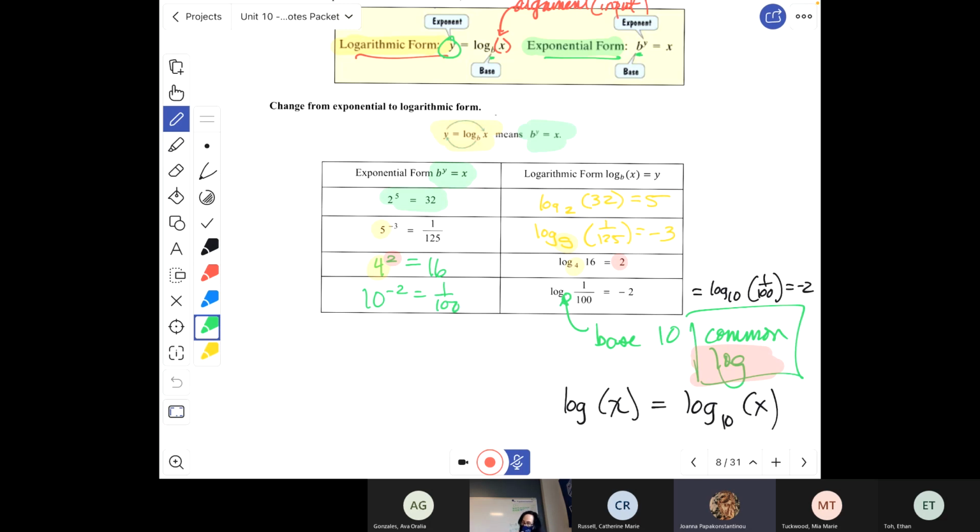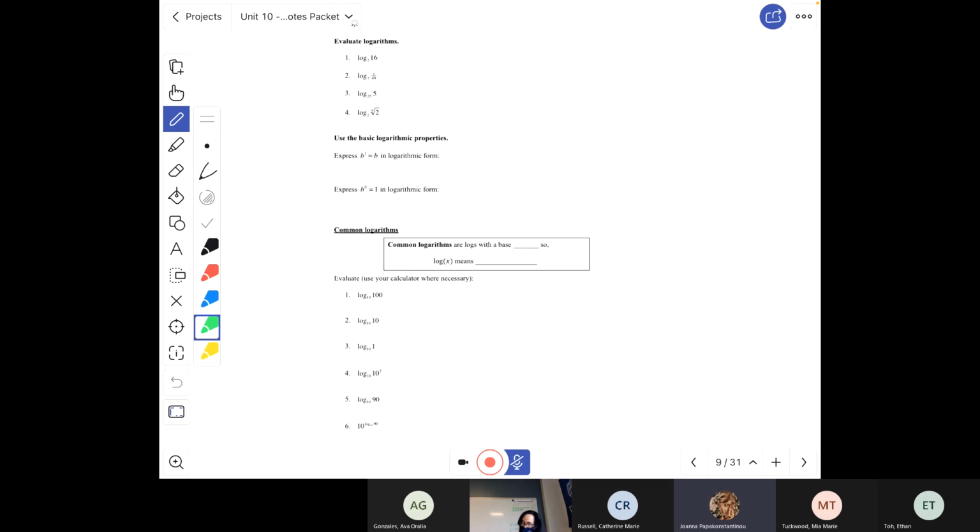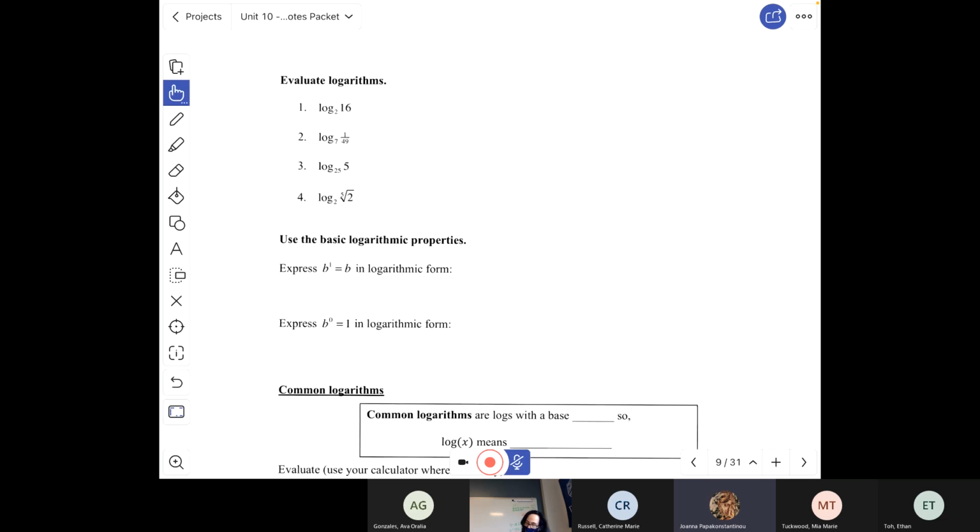Okay, so now we can formalize it, right? Just like we said here, we can formalize that, and you must know that relationship. That relationship is key. We have to be able to go back and forth. All right, so let's go ahead and see if we can evaluate some logarithms using the information that we know, that relationship.